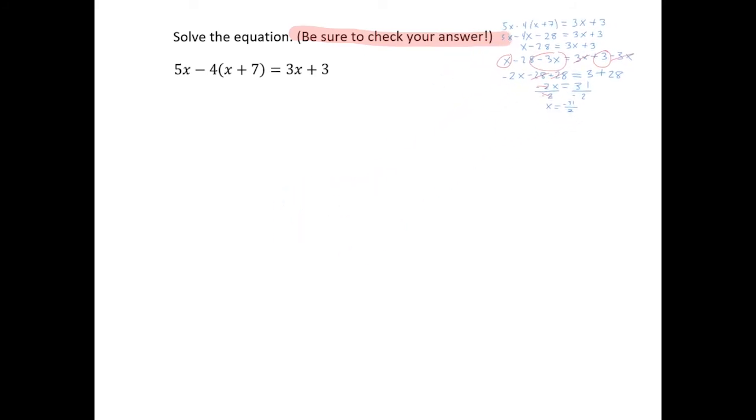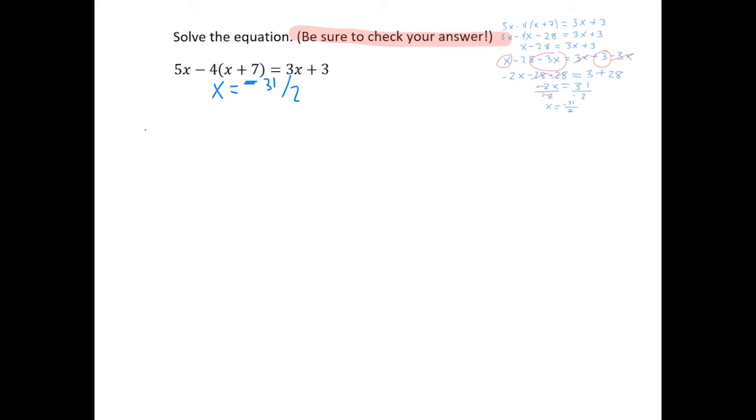And let's see what we have to work with. So remember how to check your answer. You plug your proposed solution into your original equation. So we think that the solution is x equals negative 31 over 2. And we're going to plug that into the original equation and see what we get.